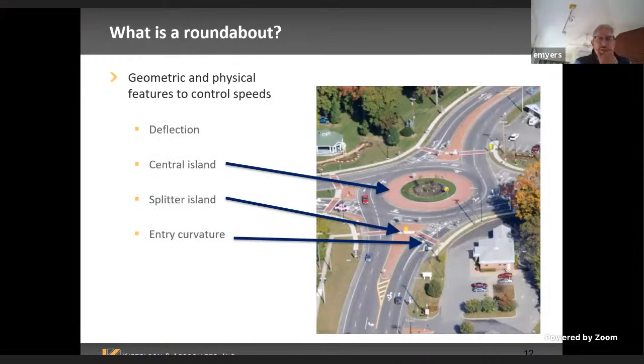What is a roundabout? Some of the geometric features: deflection, which means that you position the entry so that vehicles have to curve around the central island. So you really want them to slow down, and you use that deflection on the entry to have them slow down. You'll notice in this particular roundabout, the exits tend to be flatter.